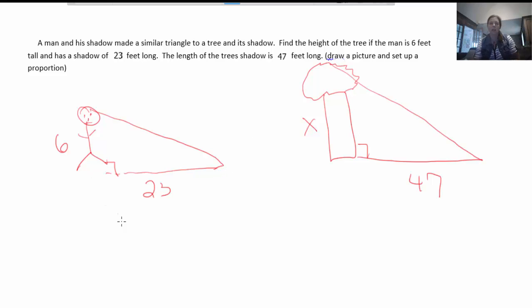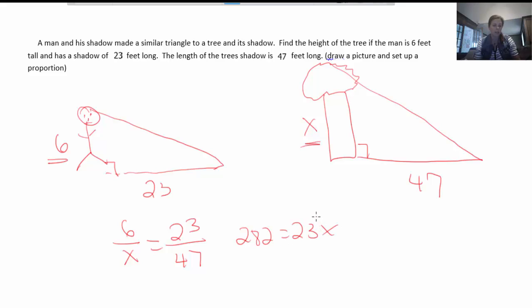So we have similar triangles. So you can do the height of the man over the height of the tree equals the shadow of the man over the shadow of the tree. And then we cross multiply. 47 times 6 gives us 282 equals 23x. And then we divide by 23.